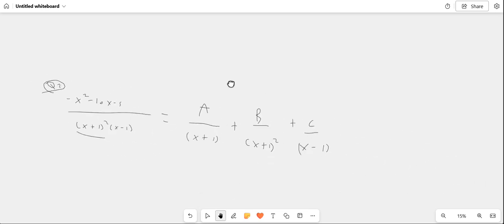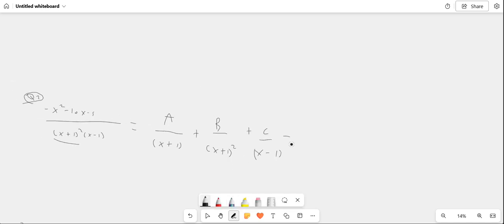And now combine the fractions, so obviously cross multiply. So again, a is lacking it to make this denominator, it needs another x plus 1 to times by it, and it needs x minus 1, yeah? So therefore x plus 1 and x minus 1, yeah? And then plus b is going to need what? B is going to need, it's already got the x plus 1 squared already, so that accounts for this one here.